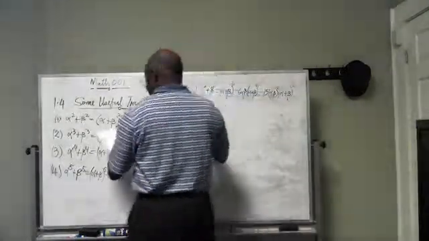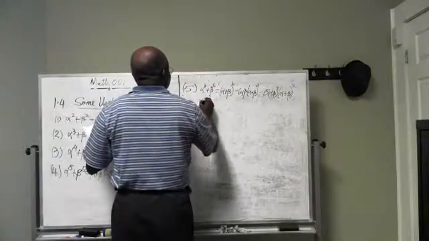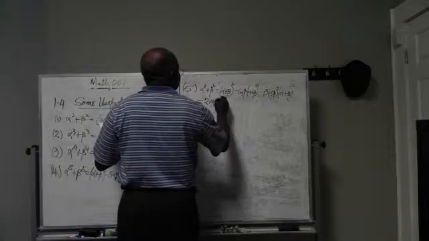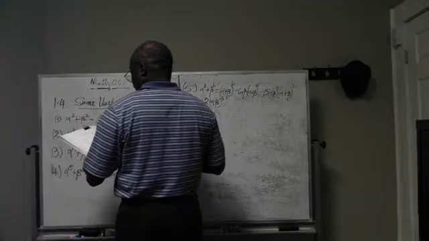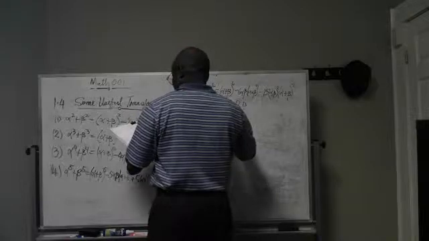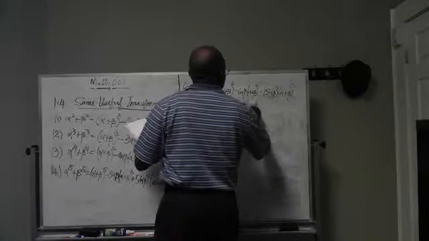It continues down here. Minus 2 alpha beta all cubed plus 24 alpha beta squared.